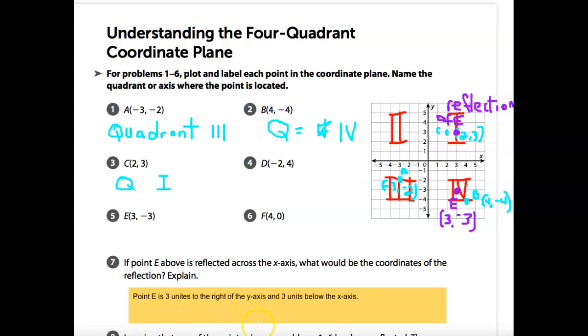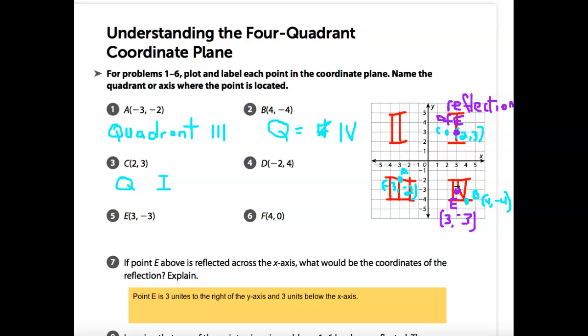Okay, so you see that point E, (3, -3), is 3 units away from the y-axis and 3 units down, or below, the x-axis.